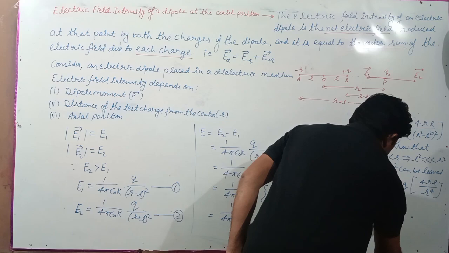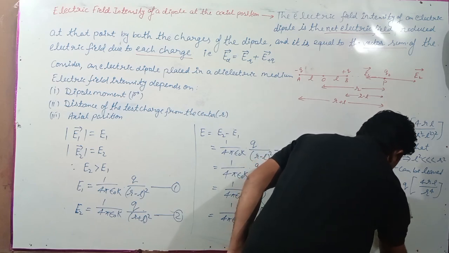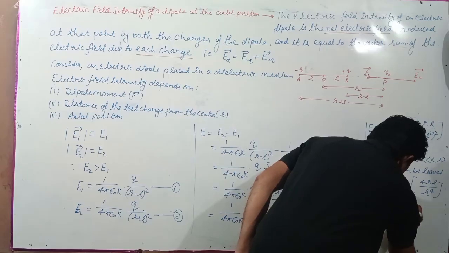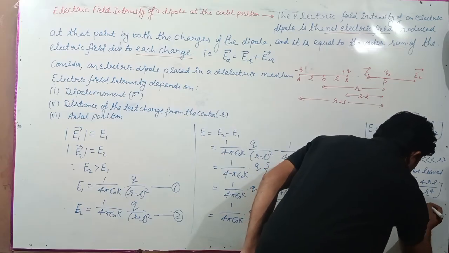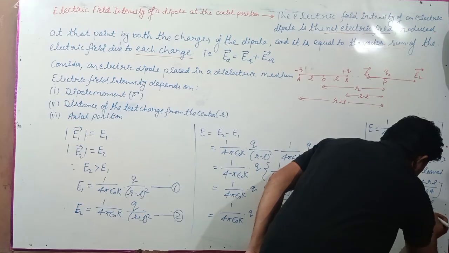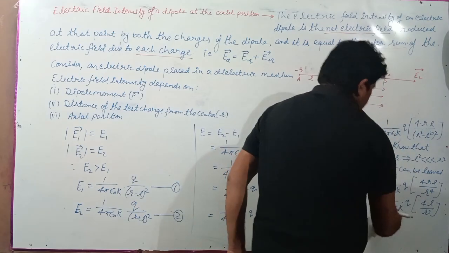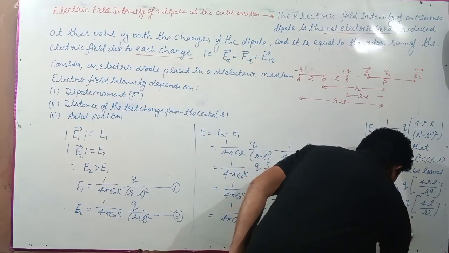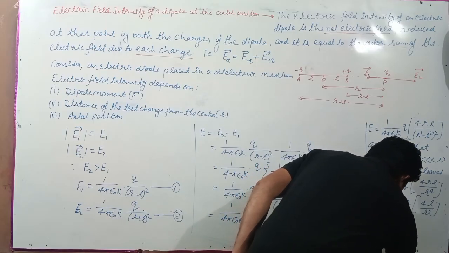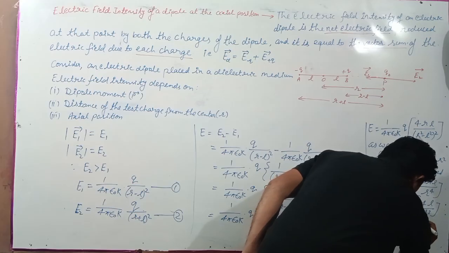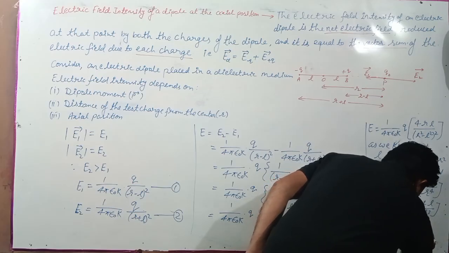Now again solving these terms, we get 4 pi epsilon naught K Q 4L upon R cube. Taking this Q inside the box, we get 1 upon 4 pi epsilon naught K 4QL upon R cube.